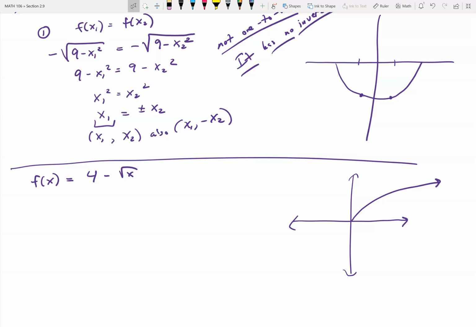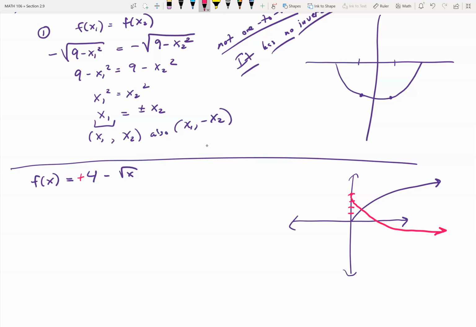And then what does a positive 4 up here do? That's a vertical shift, right? Vertical shift in the positive 4. So I'm going to go up 4. And then from here, it's just basically going to do that. Okay? So from the graph, it looks like it's 1 to 1, right?